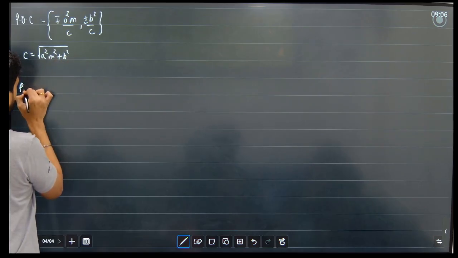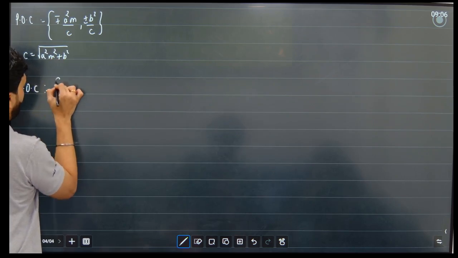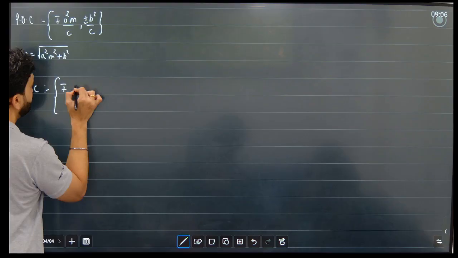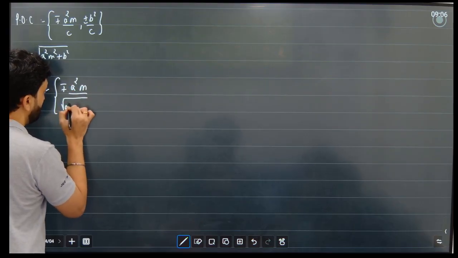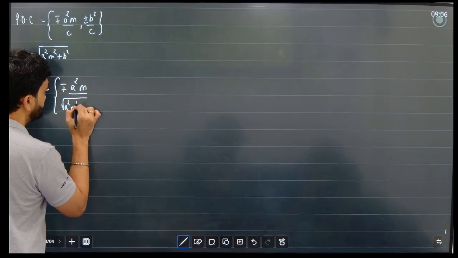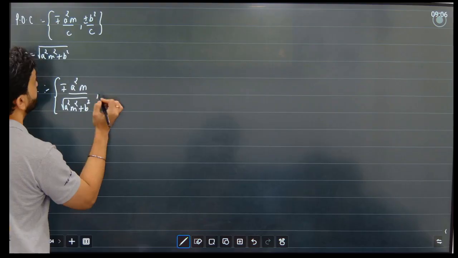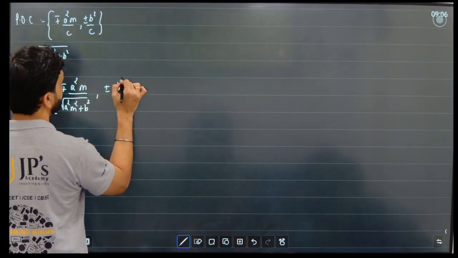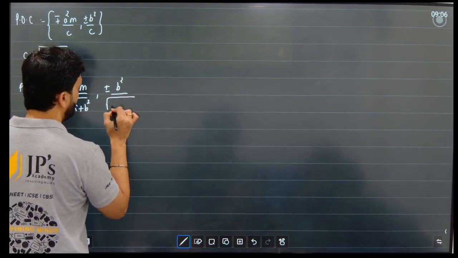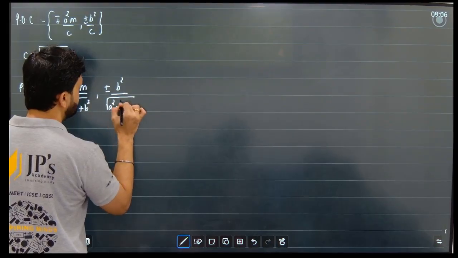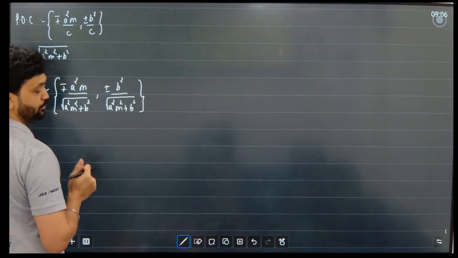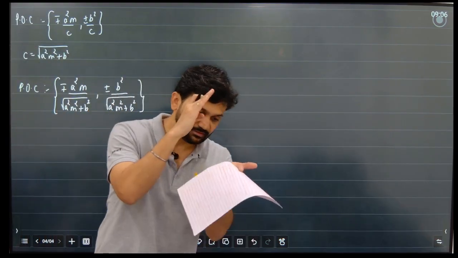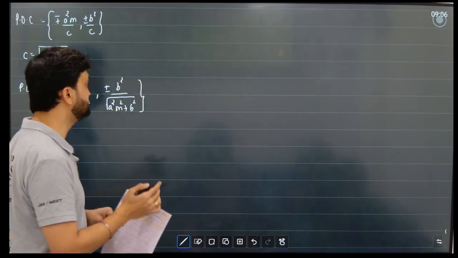So sometimes we write the point of contact as minus plus a square m upon under root of a square m square plus b square, comma, plus minus b square upon under root of a square m square plus b square. This is the point of contact, meaning the line will touch the ellipse at this point.